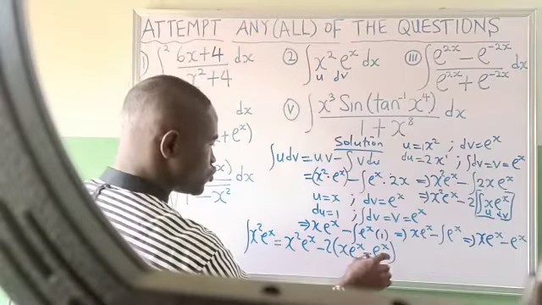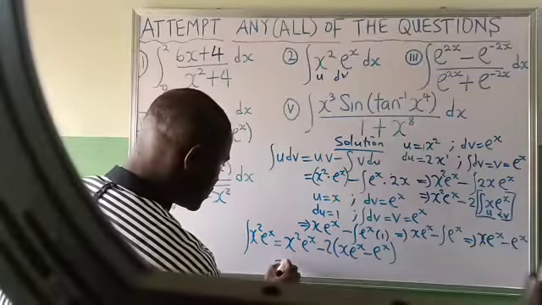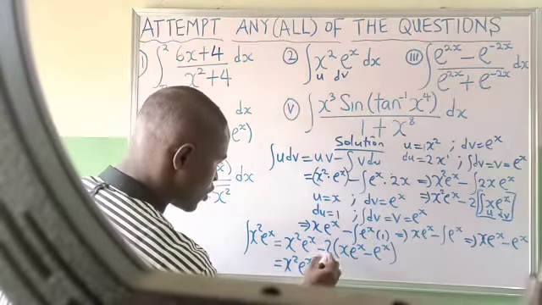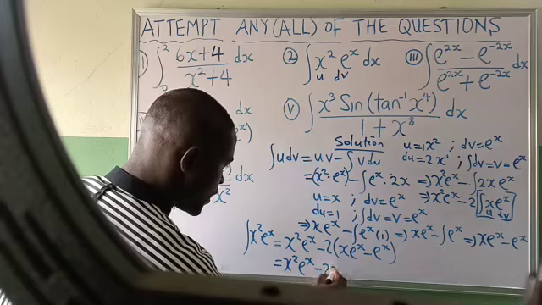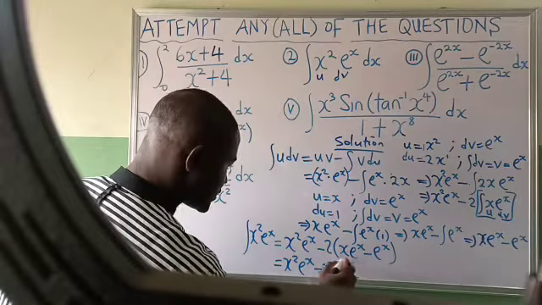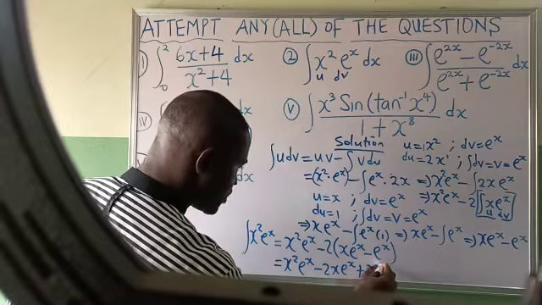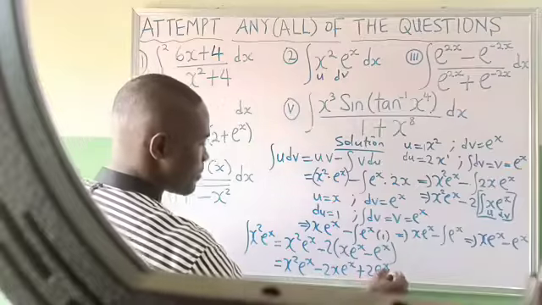So what do we have finally? x squared exponential x minus 2x exponential x, minus times is plus 2 exponential x. That is our final answer, plus c.